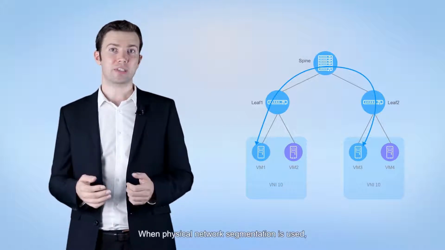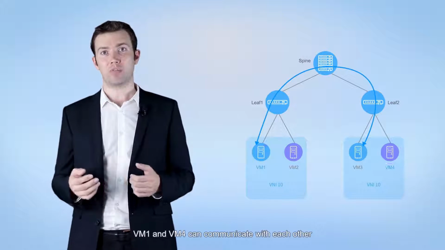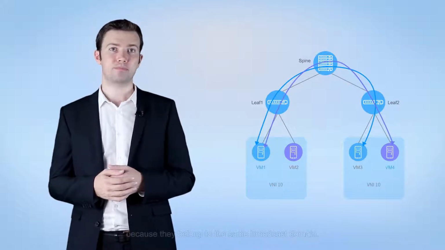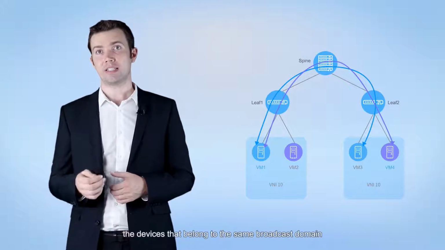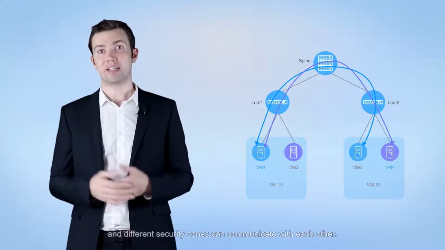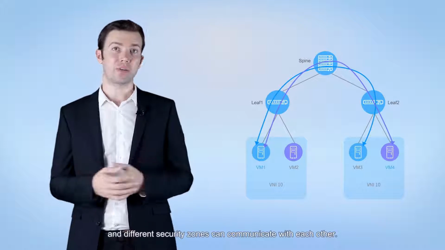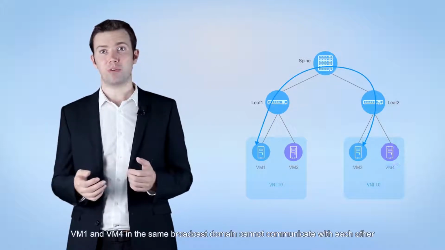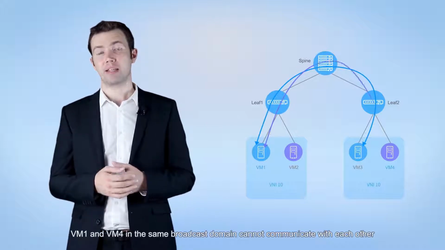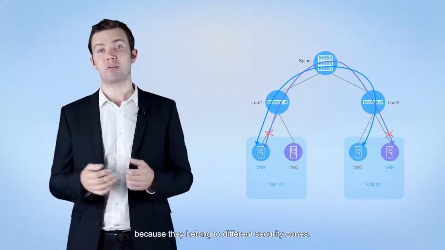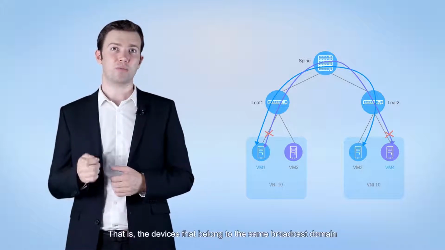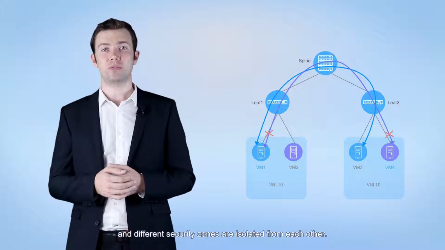When physical network segmentation is used, VM1 and VM4 can communicate with each other because they belong to the same broadcast domain. That is, the devices that belong to the same broadcast domain and different security zones can communicate with each other. When microsegmentation is used, VM1 and VM4, which are in the same broadcast domain, cannot communicate with each other because they belong to different security zones. That is, the devices that belong to the same broadcast domain but different security zones are isolated from each other.